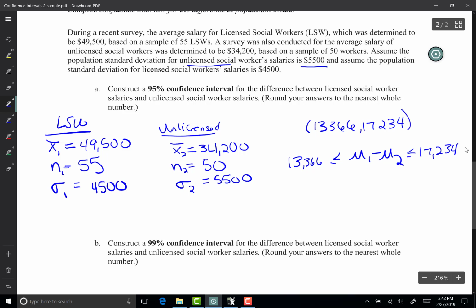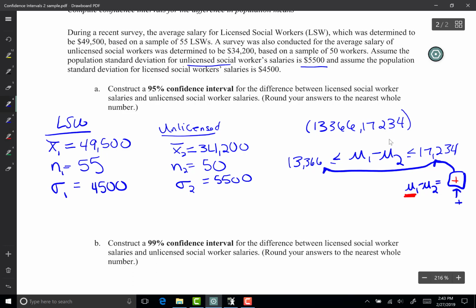Since both of these numbers are positive, this answer is going to be positive. If the answer when I subtract these two numbers is positive, which one is larger? Mu1 has to be larger in order for this answer to be positive.